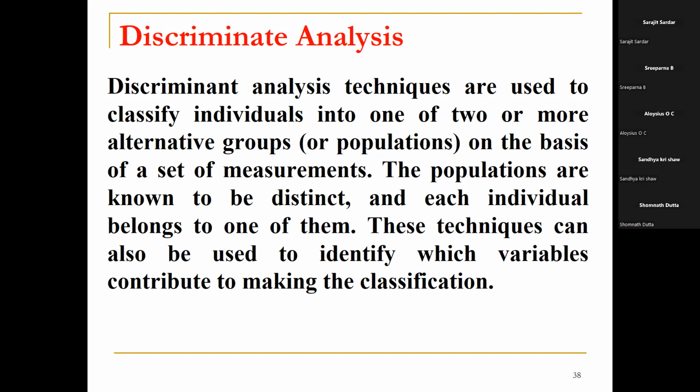If you have more than two groups in the output, then you cannot use binary logistic regression. Then you have to use either multinomial logistic regression or discriminant analysis. In both, the output variable has more than two categories.